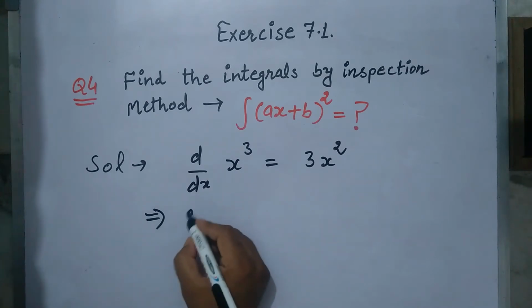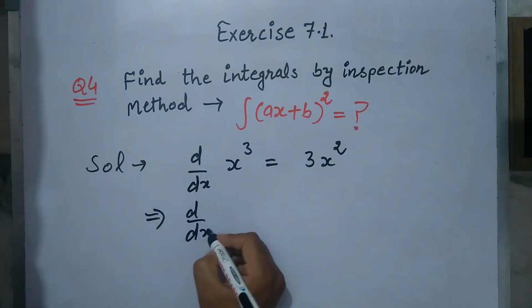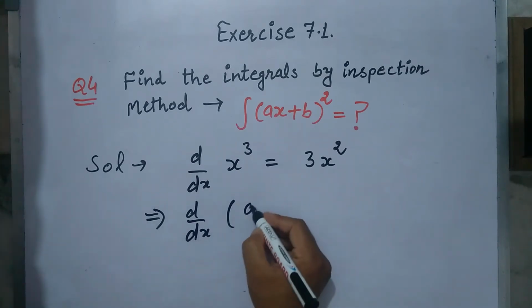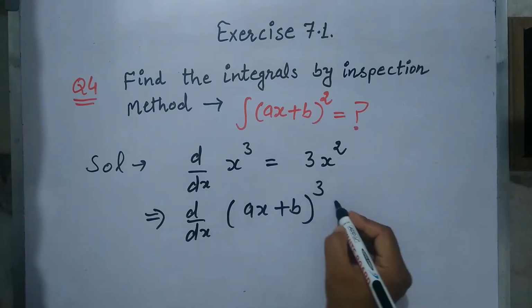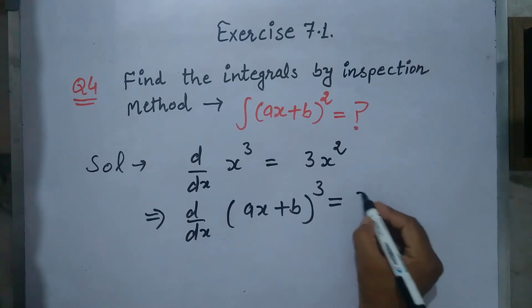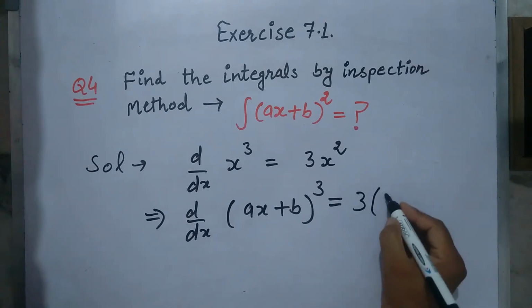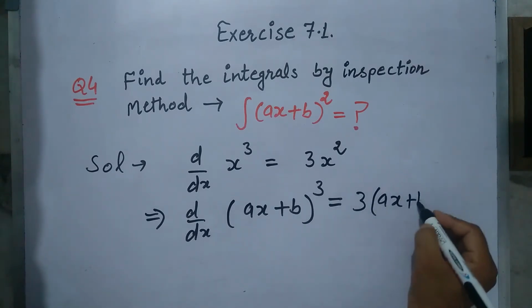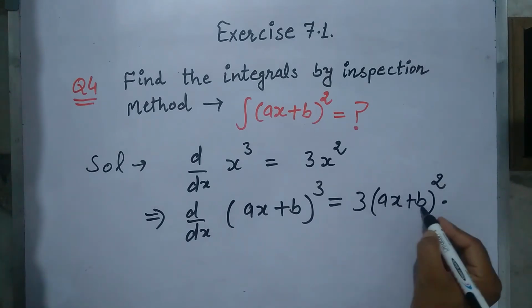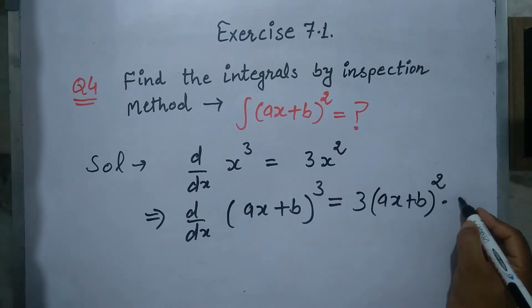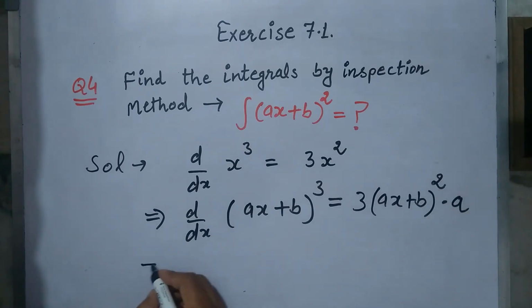Similarly, derivative of ax plus b whole raised to power 3 is equal to 3 into ax plus b whole power 2 into derivative of ax plus b. This is a. So what is the conclusion?